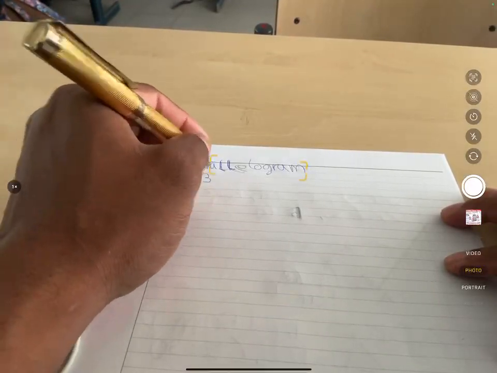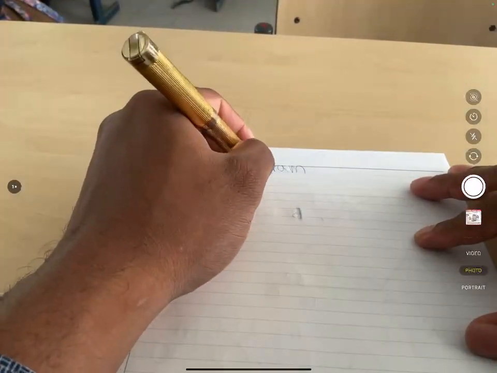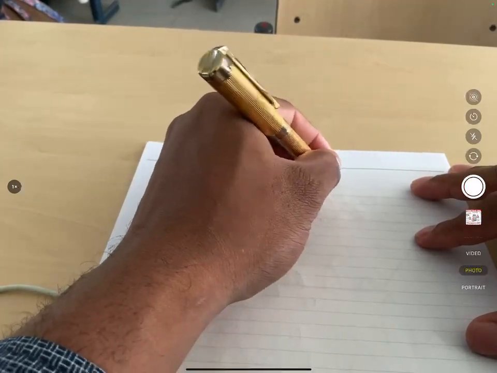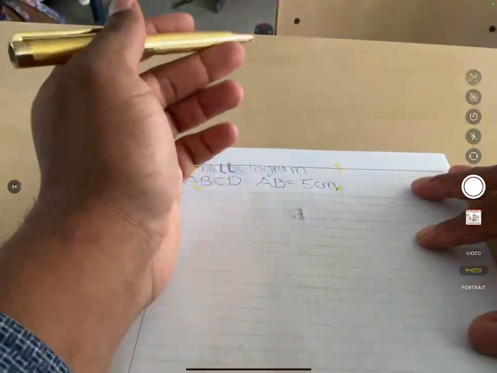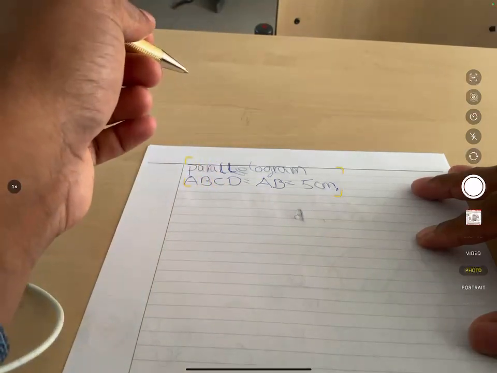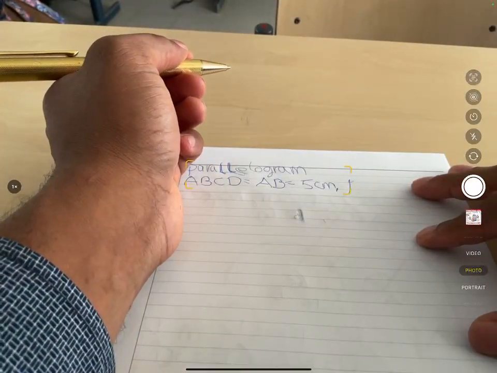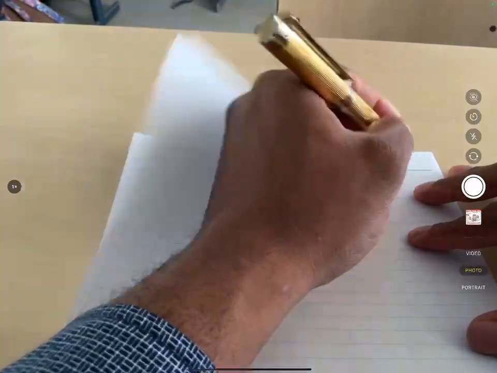A, B, C, D. AB, 5 centimeters. AD, 6 centimeters.